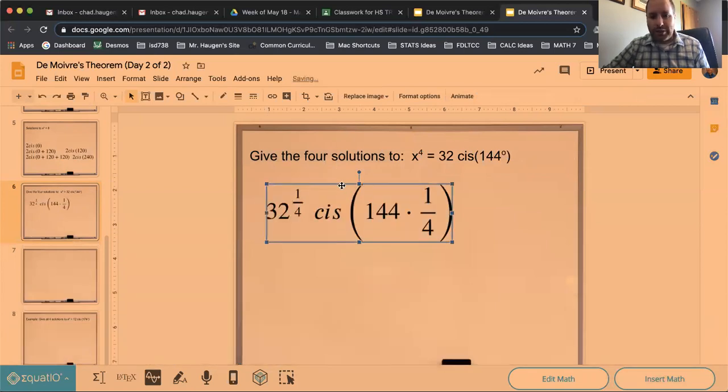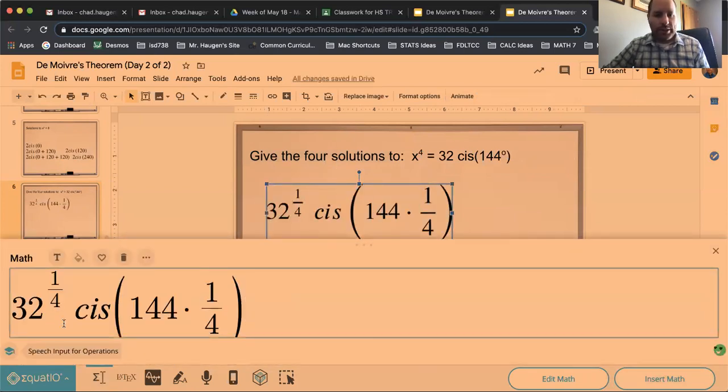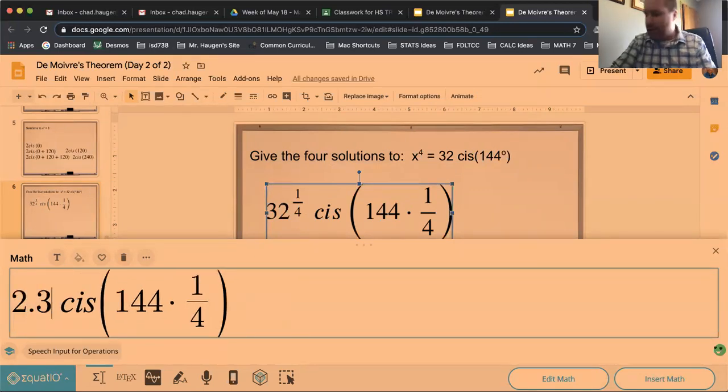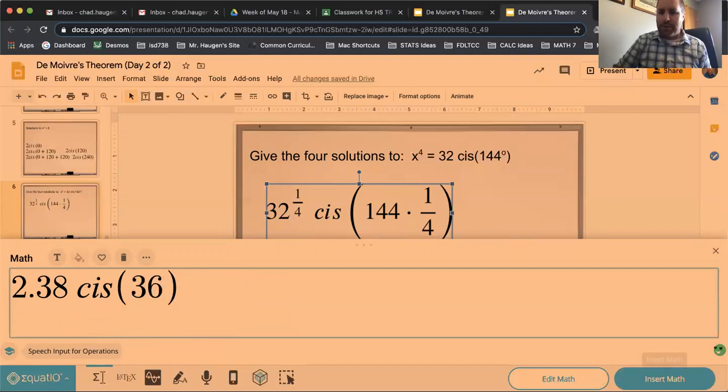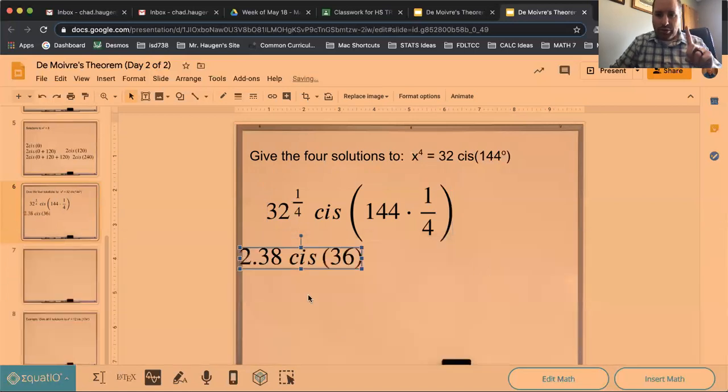So our initial answer, okay, I'm going to have to work these things out. Well, 32 to the 1/4 power, I don't know what that is off the top of my head. 32 to the 1/4 power is about 2.37. Okay, not everything's going to work out perfectly. So here we have 2.3, actually 8, if I round it correctly, 2.38. And then we do here 144 divided by 4. All right, that's 36. Okay, so there is our initial answer.